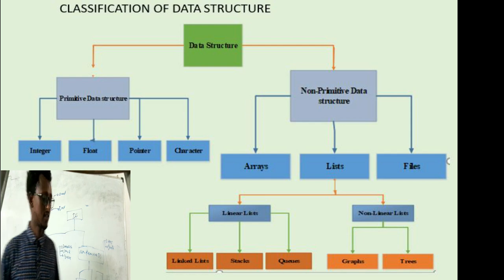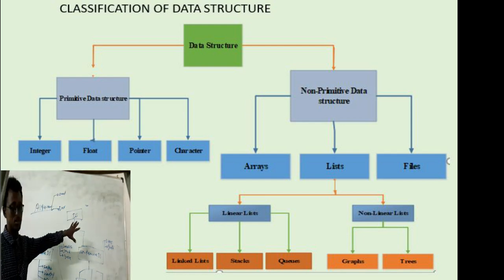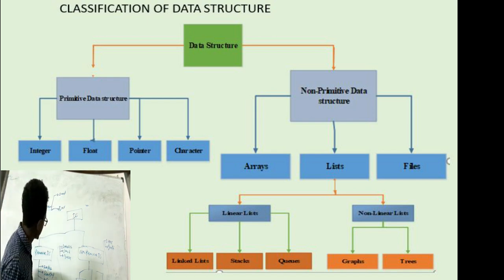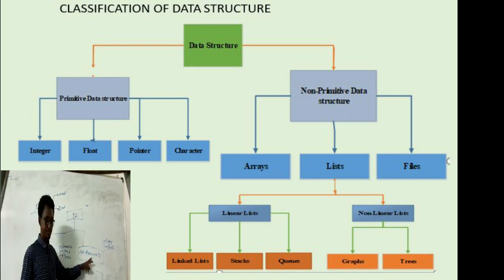Actually, this is the detail of how data is placed or stored in computer memory. It may be integer, floating point, character, pointer, or string constant. If it is not here, your data is categorized as non-primitive.